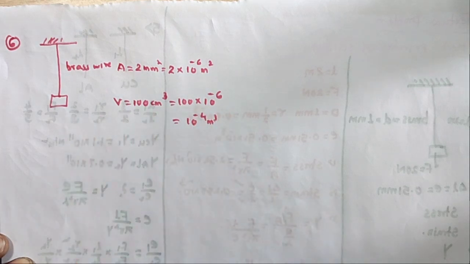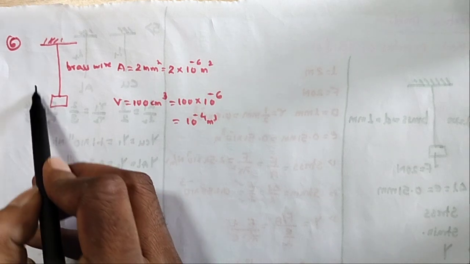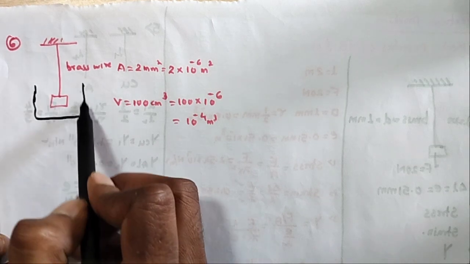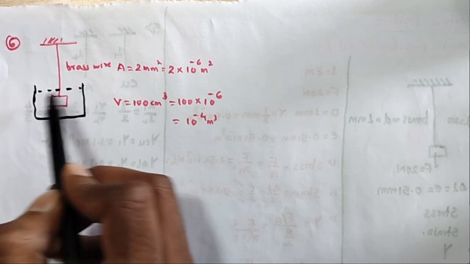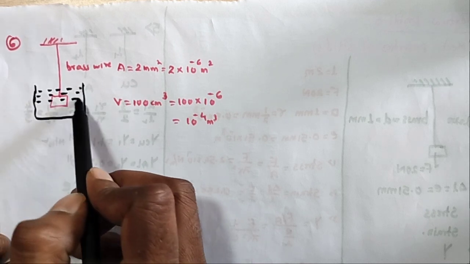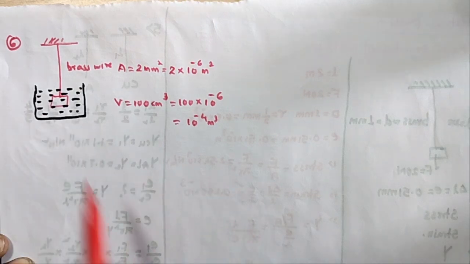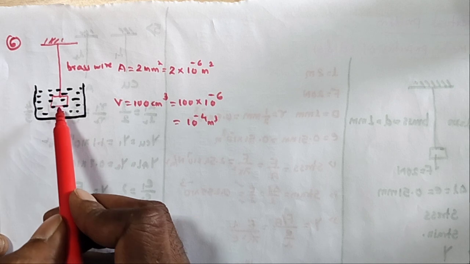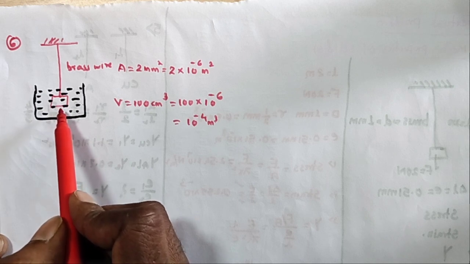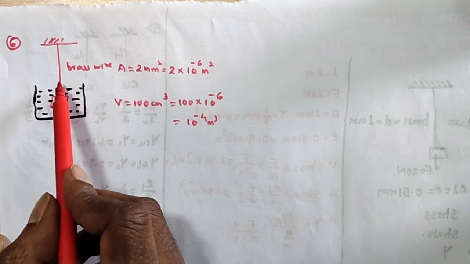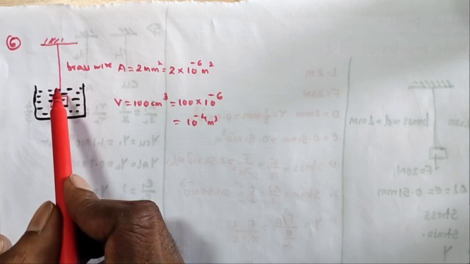And this body is placed inside water. Here I am taking one tub, right? It is immersed inside the water. When the object is inside the water, weight decreases, so automatically the expansion of the length also decreases.